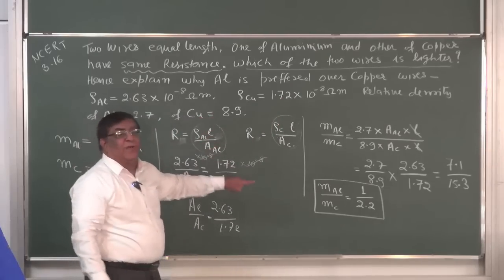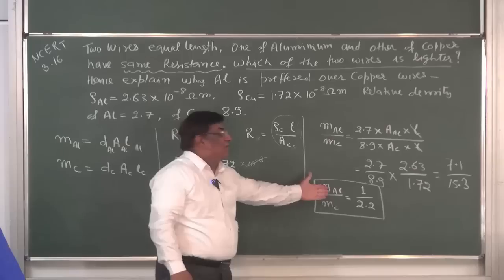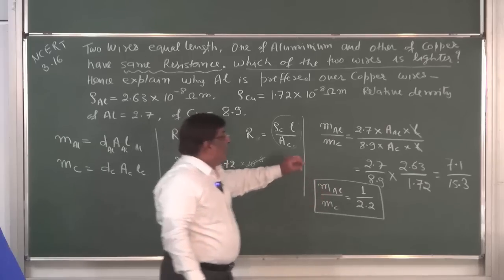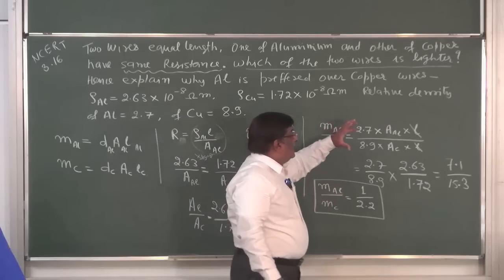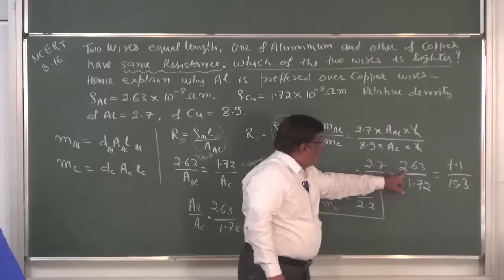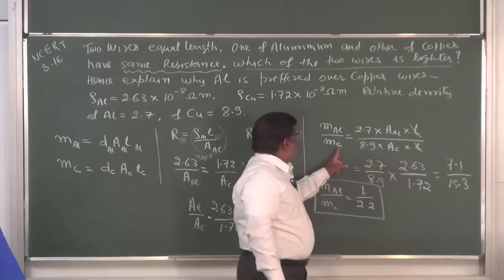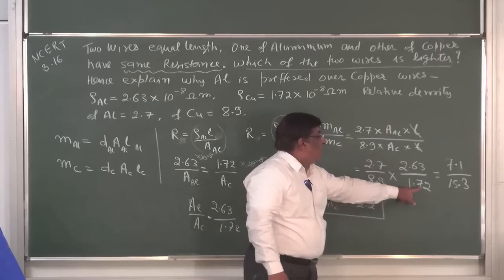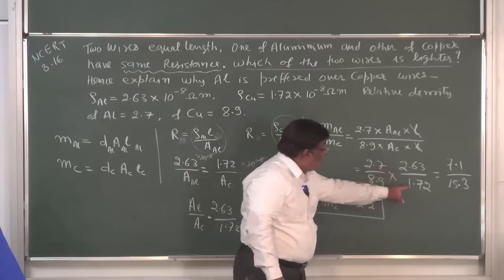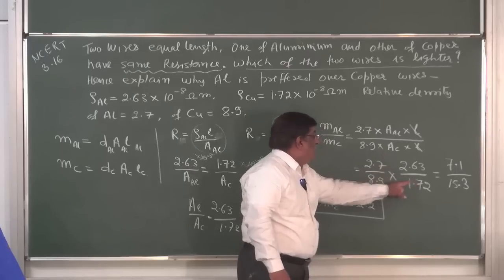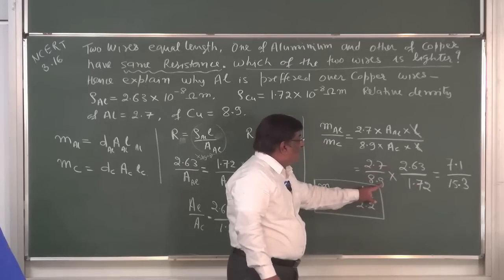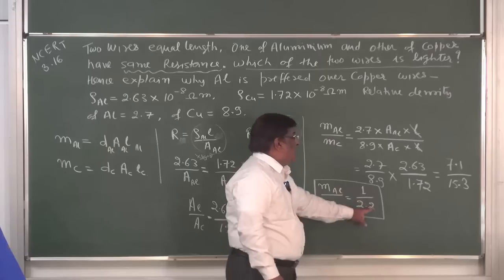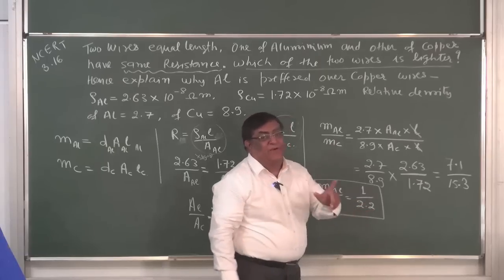Then why do we use aluminium? Because it is cost effective. इसके एरिया को हम मोटा कर देंगे. देखिए एरिया 2.6, उसके बराबर कॉपर का कितना एरिया? 1.7. पर जब हम इसको भी लेते हैं तो भी इसकी डेंसिटी बहुत ज़्यादा होती है तो इसका मास बहुत ज़्यादा हो जाता है.